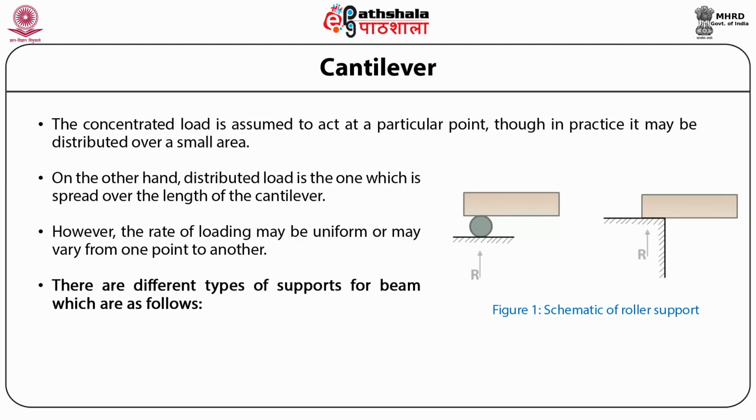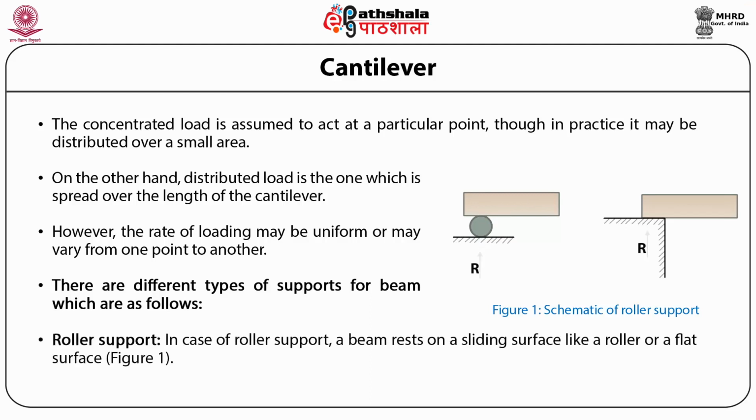The first one is roller support. Students, you can see the figure for the roller support. In the case of roller support, a beam rests on a sliding surface like a roller or a flat surface.